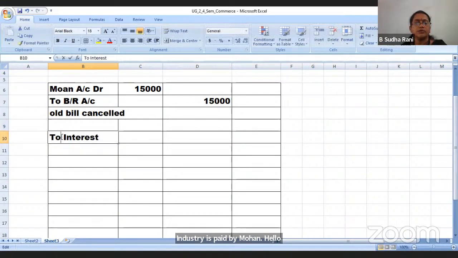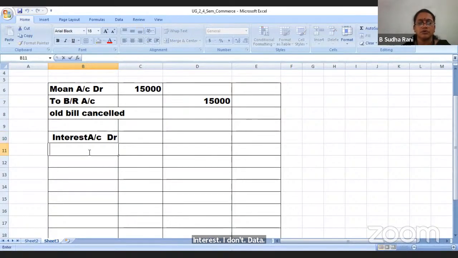So Mohan is paying the interest: Mohan account debit to interest account.